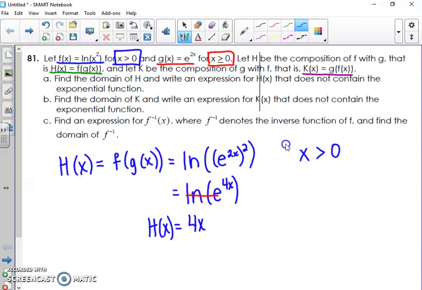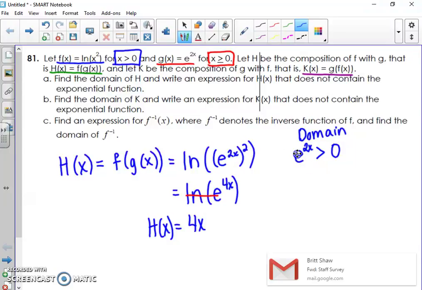So we can also do that here for our domain. We can erase the x that we have, and we can plug in g of x, which is e to the 2x. Now, in this case, e to the 2x, we would want to solve for x. However, if you try to take natural log of both sides, you cannot take the natural log of 0.